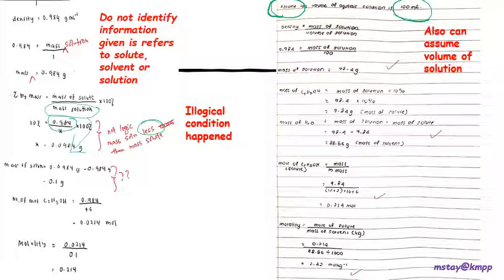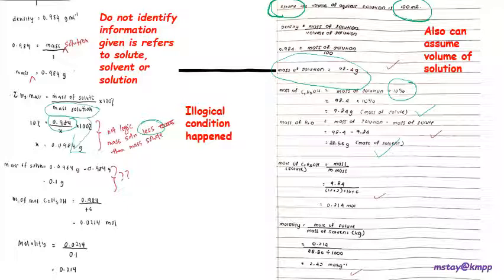Once the student assumes the volume of solution, he can find the mass of solution. Then from the percentage by mass given in the question, the student is able to identify the mass of solute and at the same time the mass of solvent.